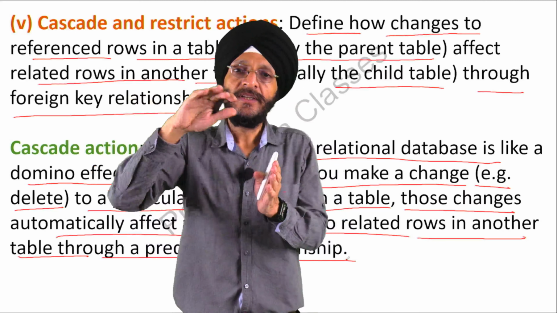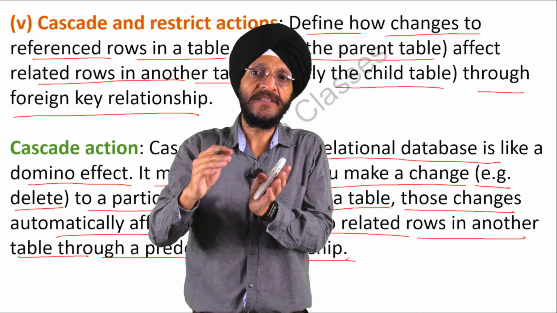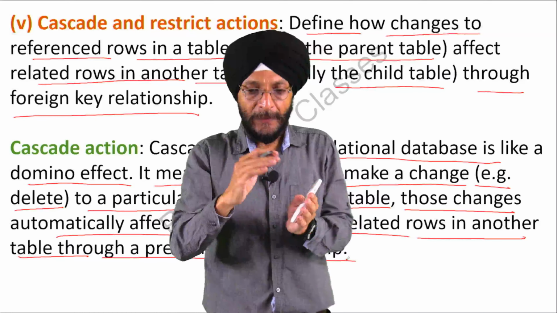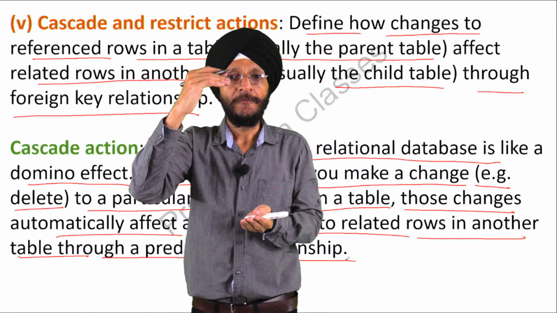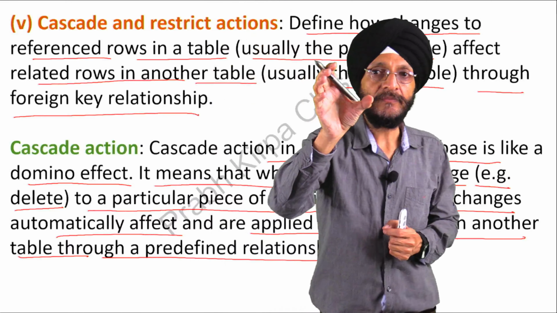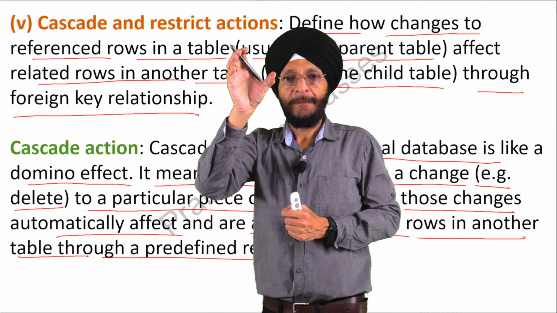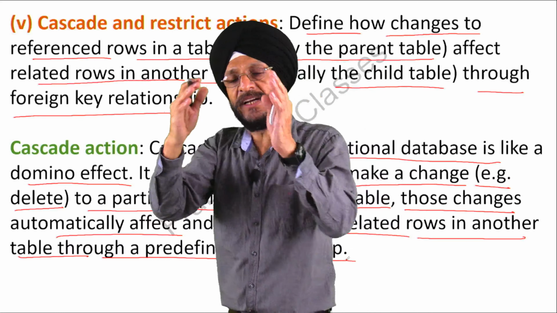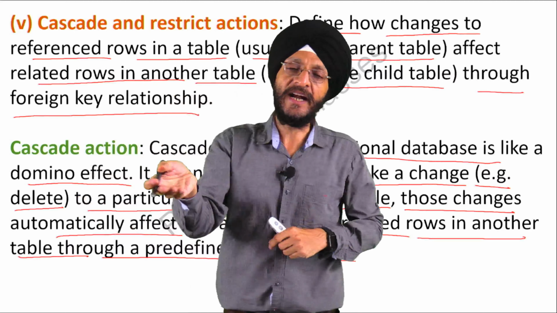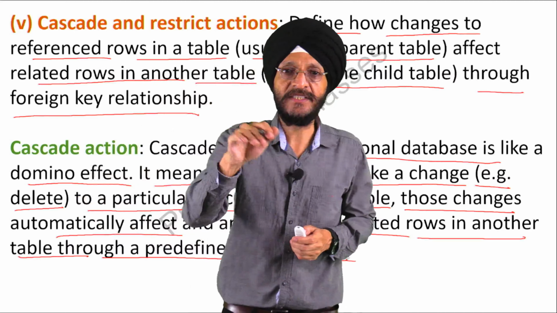That is, the system is given instructions on what type of effect should be there if we delete something in a parent table, what type of effect it will have on the child tables. It is already decided in advance at the level of database designing.